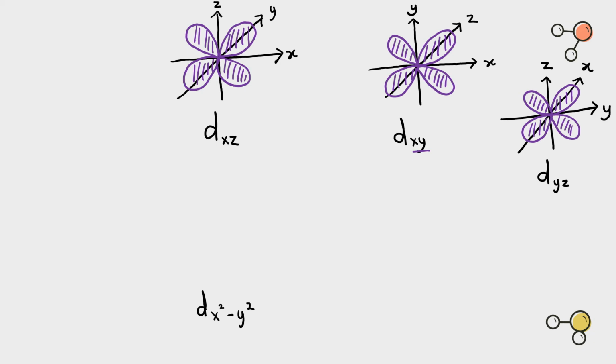So for the dx squared minus y squared, we have to draw the shape of the cloverleaf exactly on the axis of x and y.